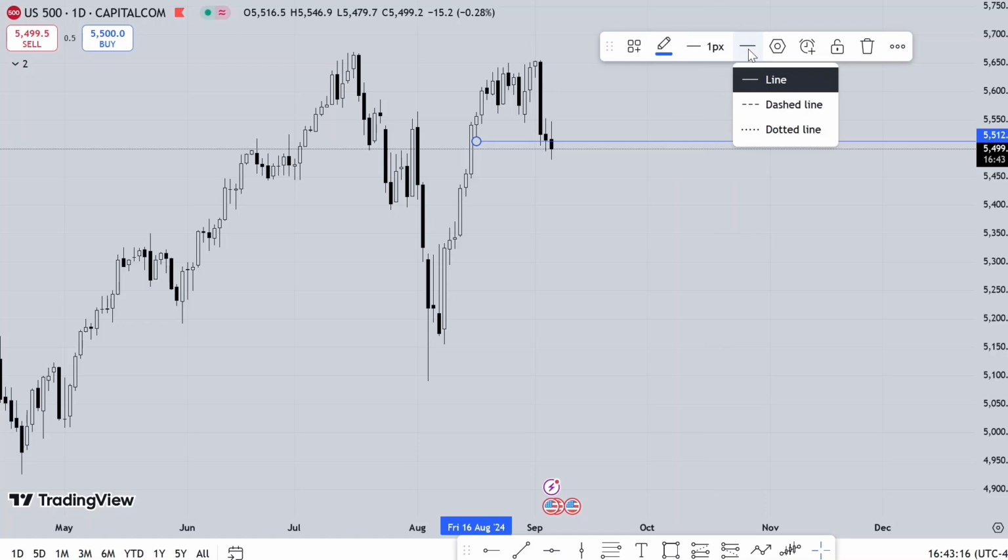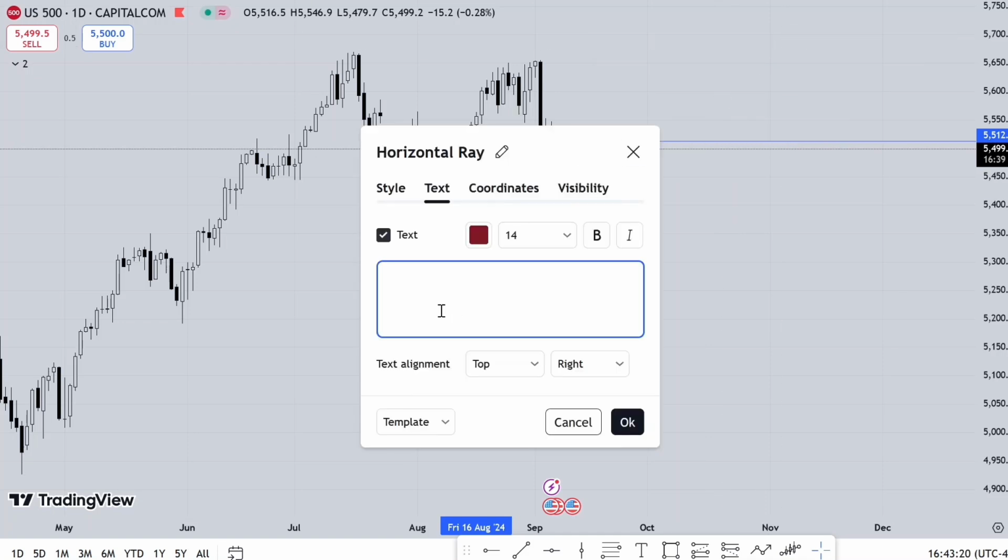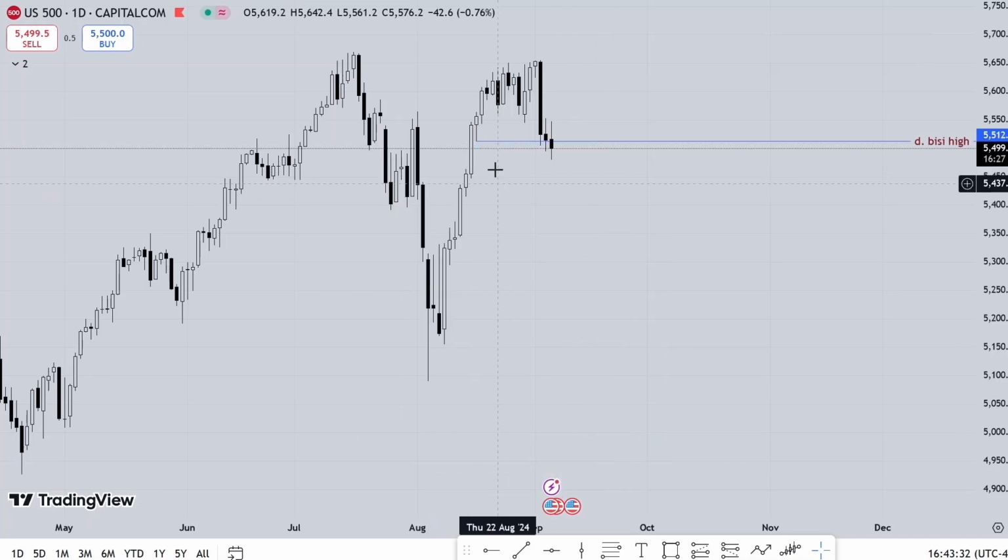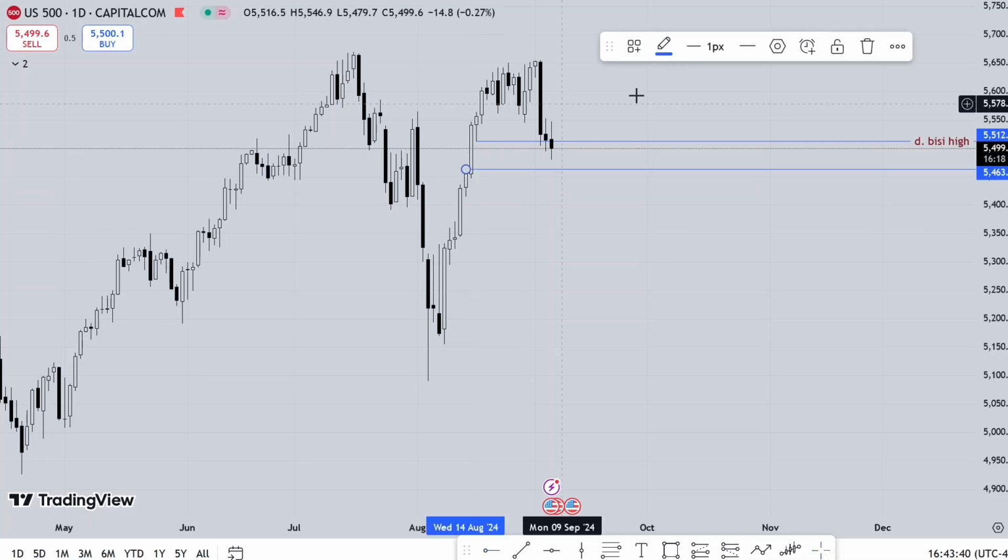So on the daily, price is currently trading inside of this BC. So here we have a daily BC. So we currently drop down inside of a daily BC, and just below it we have the daily BC low.